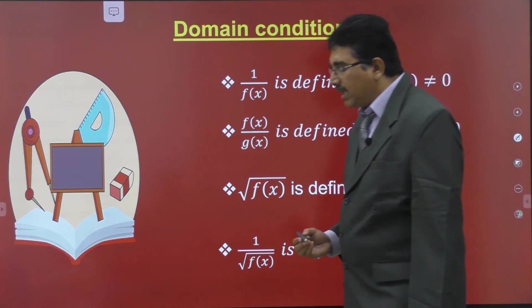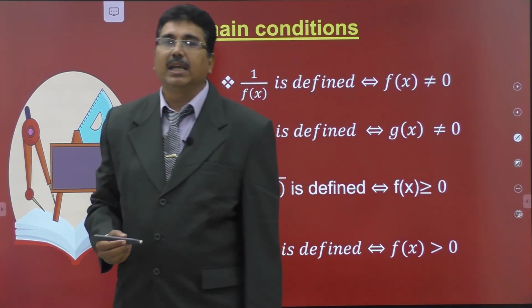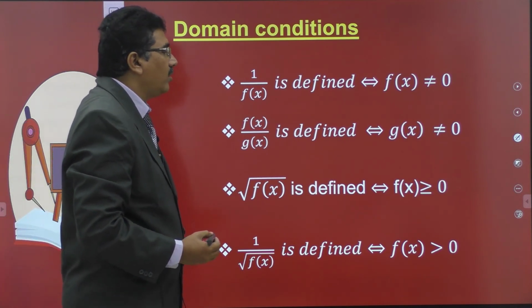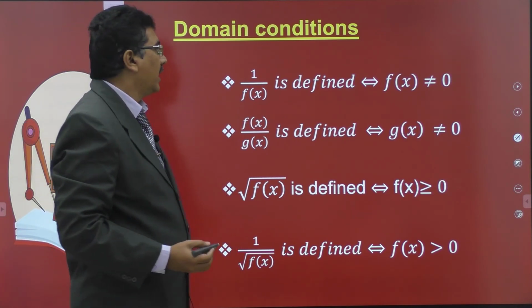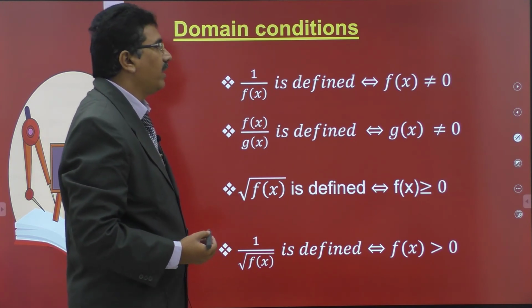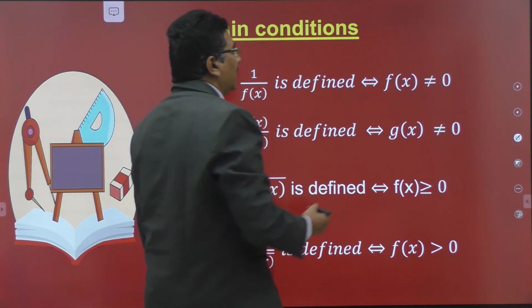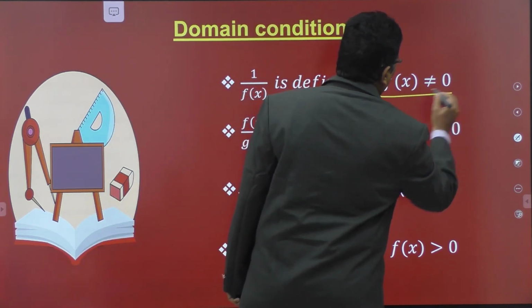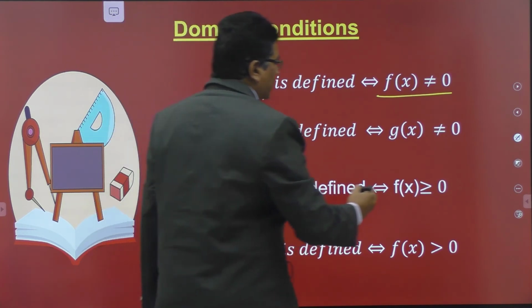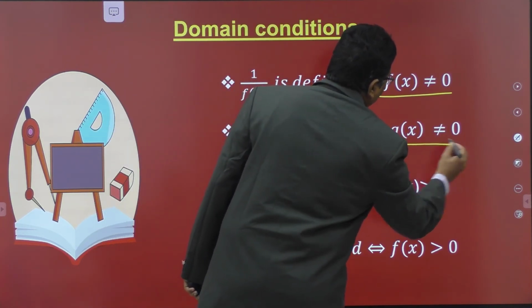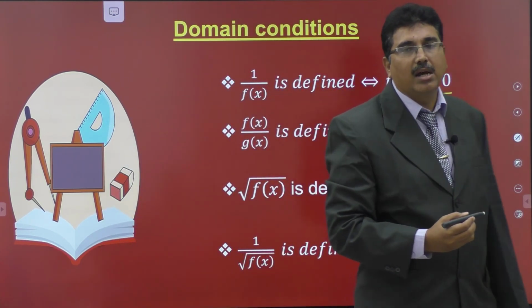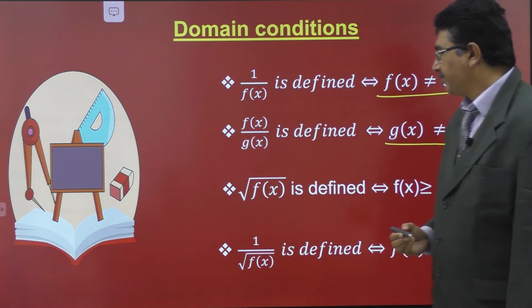Now, domain conditions. For finding domain of a function, we must follow these conditions. Right? 1 by f of x is defined if and only if f of x not equal to 0. Right? G of x not equal to 0. If g of x not equal to 0, then f of x by g of x is defined.